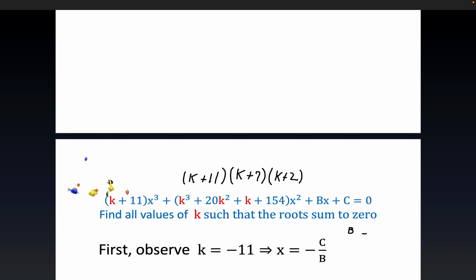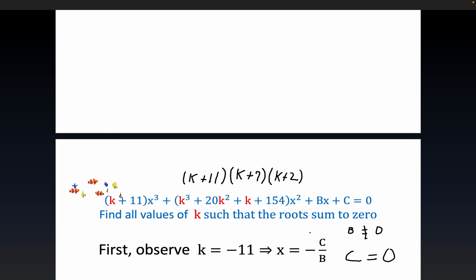Here's what would be sort of boring. b can't equal 0, and c would have to equal 0 for this to work out, because it's the only root, so it must be 0 if the roots are going to sum to 0. So not interesting at all, but at least we got that out of the way.